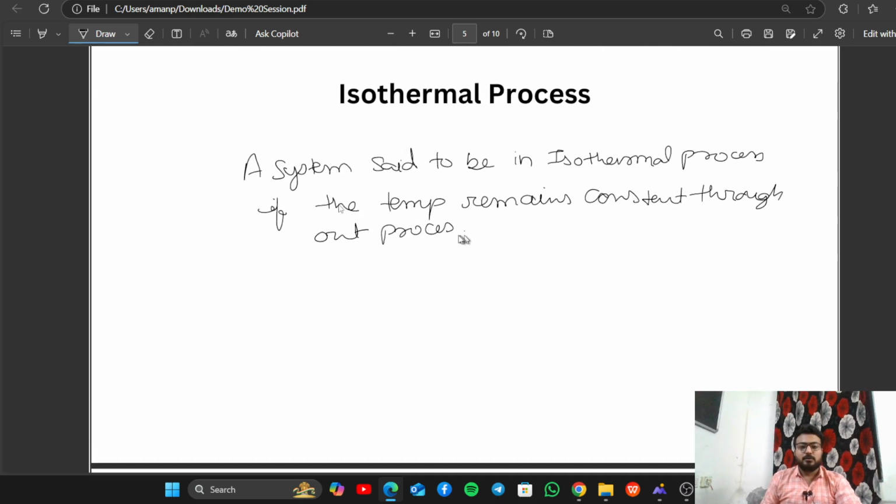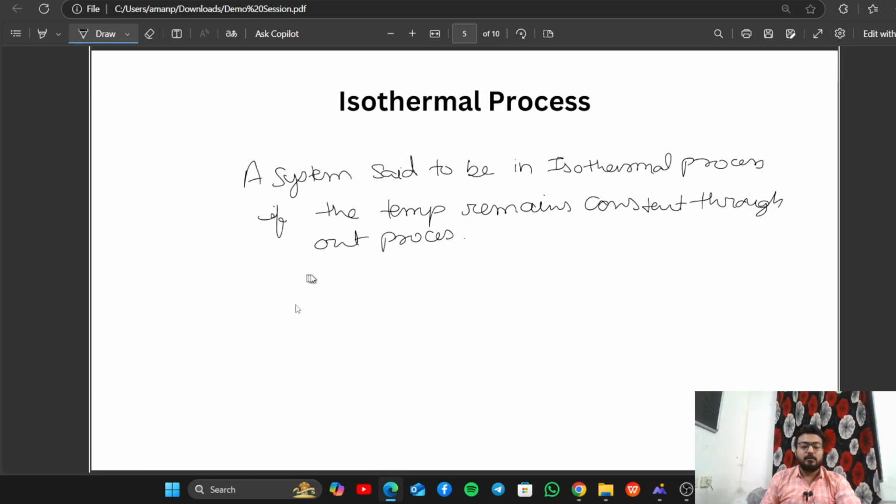Now we'll see the mathematical equation for isothermal using the first law of thermodynamics. What does the first law of thermodynamics say? It says that Q is equal to delta U plus W. As we know, delta U depends upon m c v dT, and delta T here is 0 as the temperature remains constant.